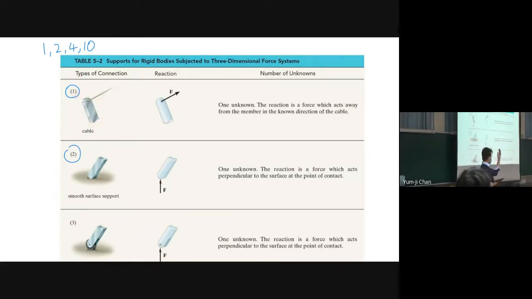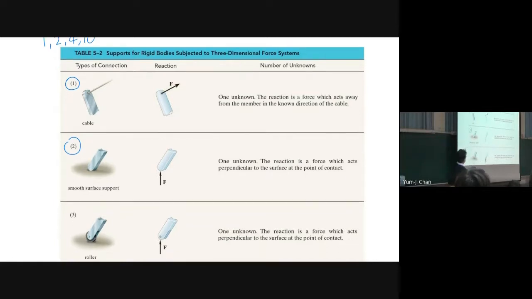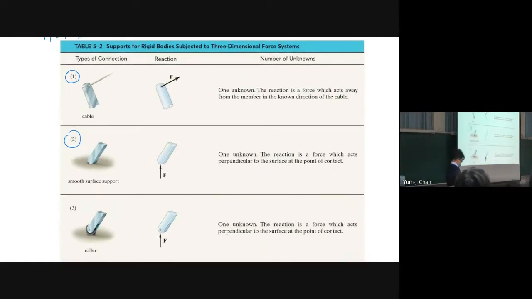The only direction it cannot move along is the direction of the cable. So we have a force in the direction of the cable. Now, number 2 is the ball support. It is similar to number 1.